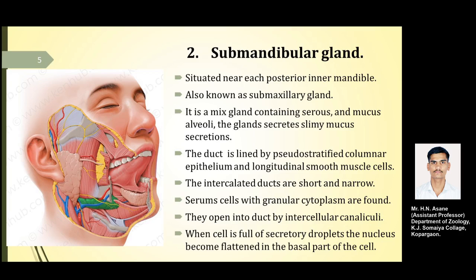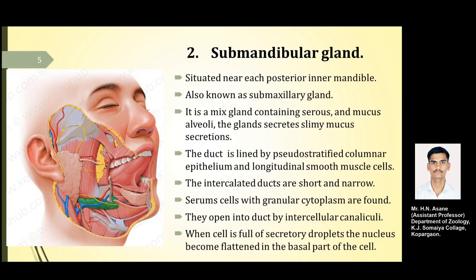So it contains both serous and mucous alveoli. A mixed type of gland means it contains both serous secreting cells and mucous alveoli cells, and their proportion is not the same but differs in different species.